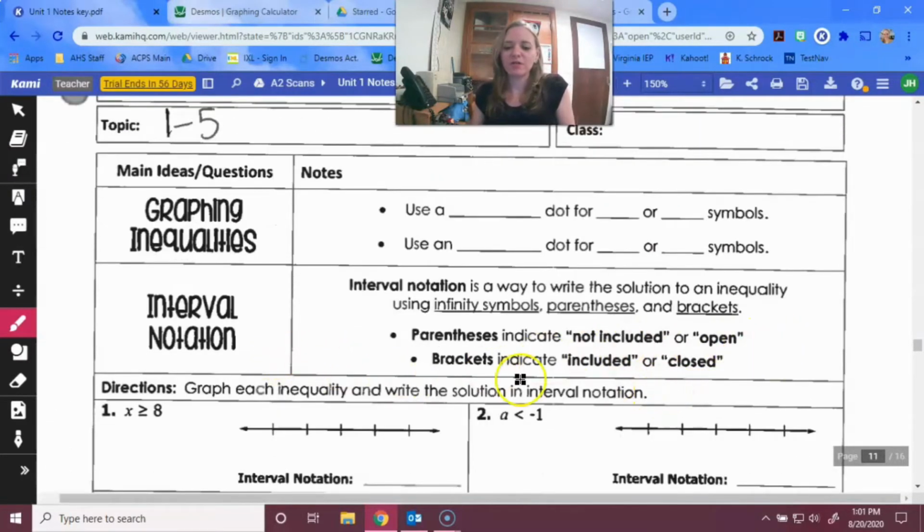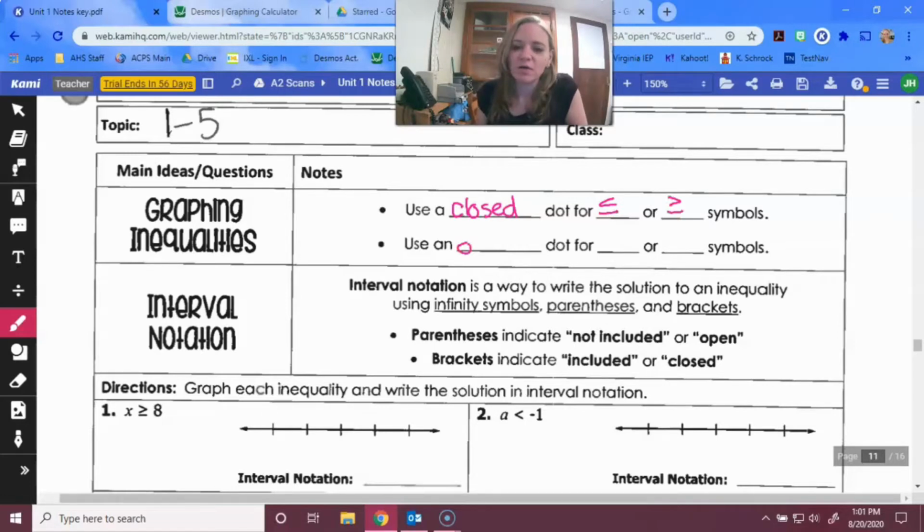So when we are graphing inequalities, similar to the solid line and dashed line, we use dots on the number line, and I'm sure you've done this before. A closed dot, or filled in dot, is for your equal bars, so less than or equal to, greater than or equal to symbols.